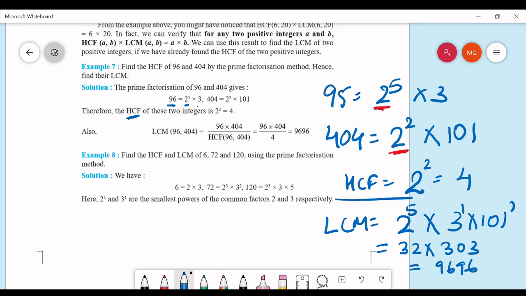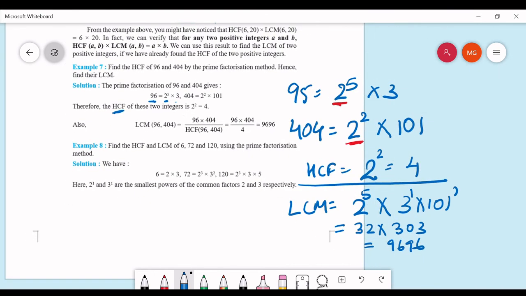And another method is easier, I guess, because that can decrease this calculation. So how will this decrease your calculation? a multiplied by b is equal to the HCF of these numbers times the LCM of these numbers. What you wanted to find out was the LCM, right?